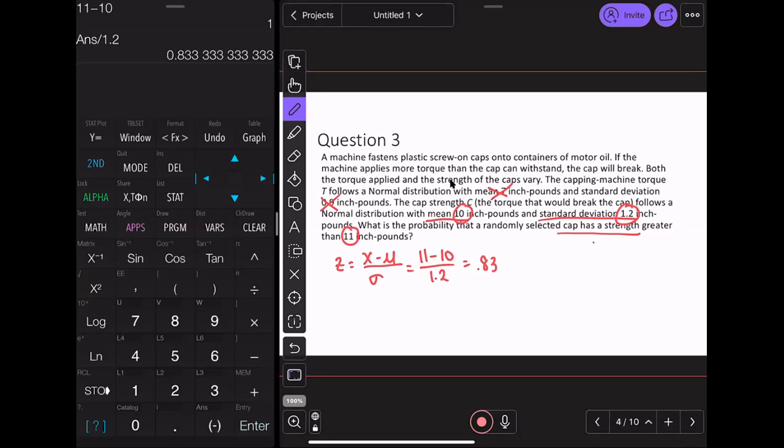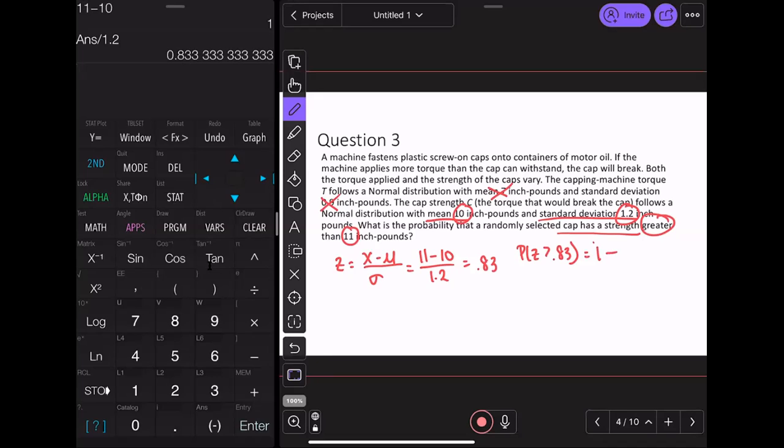So that's our z-score. Now what we need to do is figure out what that is using our z-score table. We're looking for a cap strength greater than 11 pounds, so we're trying to find the probability that z is greater than 0.83. With z-score problems, remember that we are subtracting from 1 anytime we're looking for greater than.